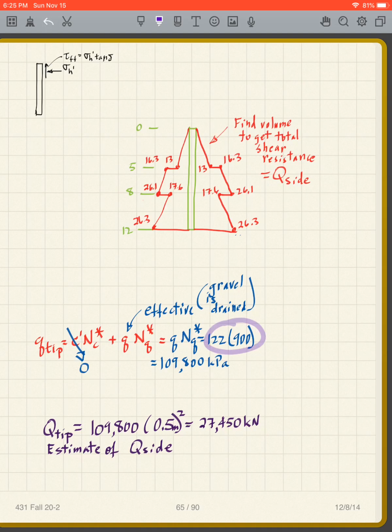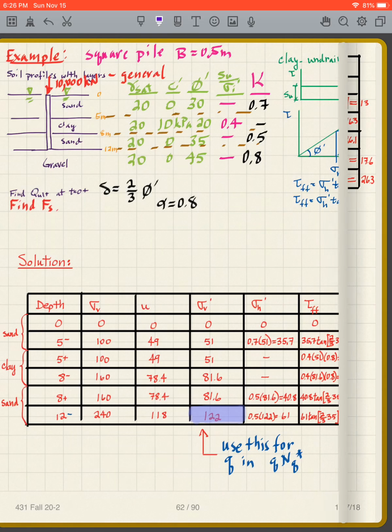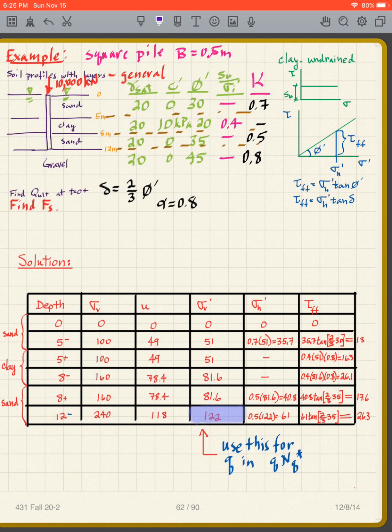So 122 times 900 gives us 109,800 kilopascals. And the area of the tip is half a meter squared, because why? Because if you remember, the pile is a half a meter width and it's square.